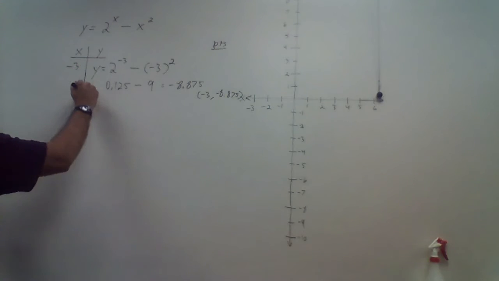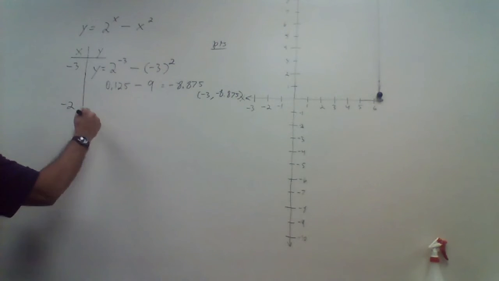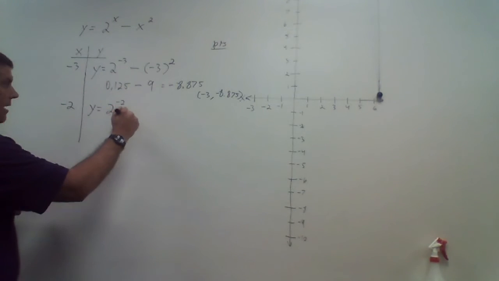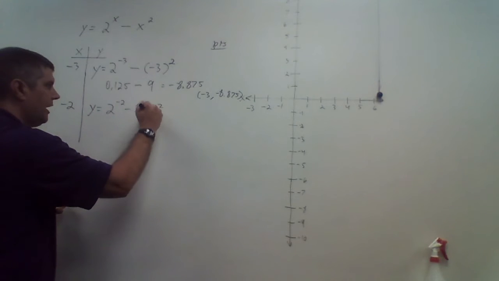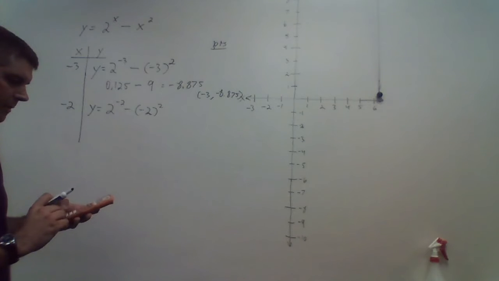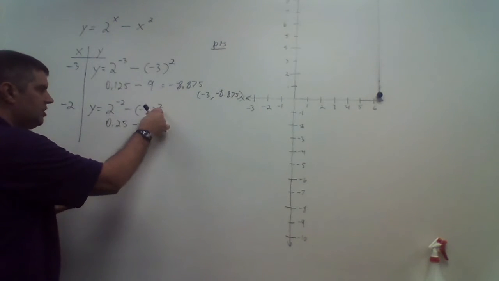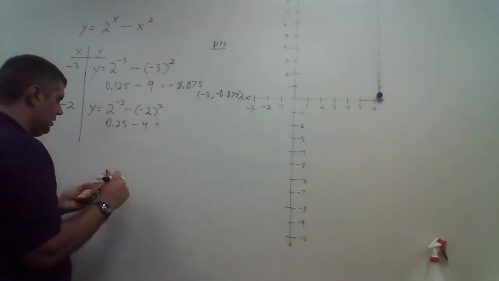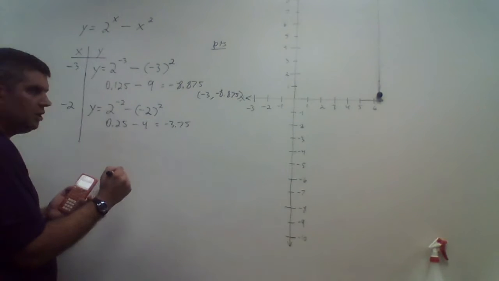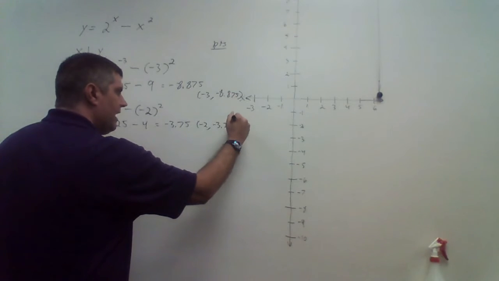Okay, so I did -3, now I'll do -2. So y will equal 2, I'll replace x with -2, minus (-2) squared. The same thing I did earlier, 2 to the negative second power, gave me 0.25, minus negative 2 times negative 2, which is positive 4. You subtract these, you will get negative 3.75. So my second point is negative 2, negative 3.75.